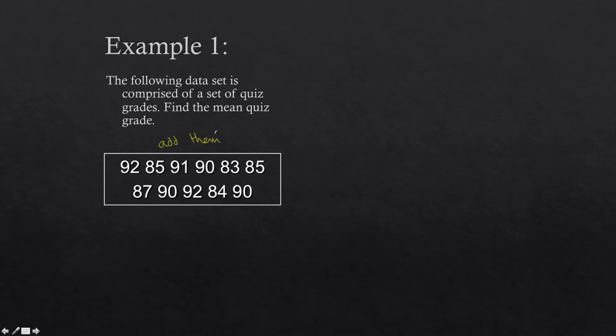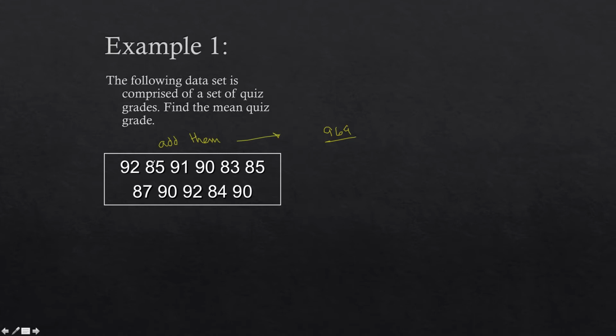Take your trusty calculator: 92 plus 85 plus 91 plus 90 plus 83 plus 85 plus 87 plus 90 plus 92 plus 84 plus 90. And add all those up, and hopefully you get 969. Hopefully I added that correctly. 969 when I add these up, and divide by the total number that there are.